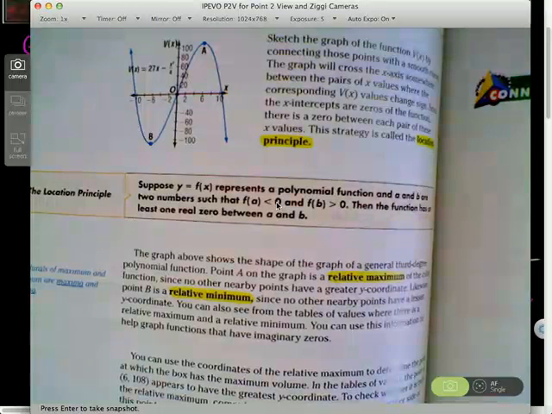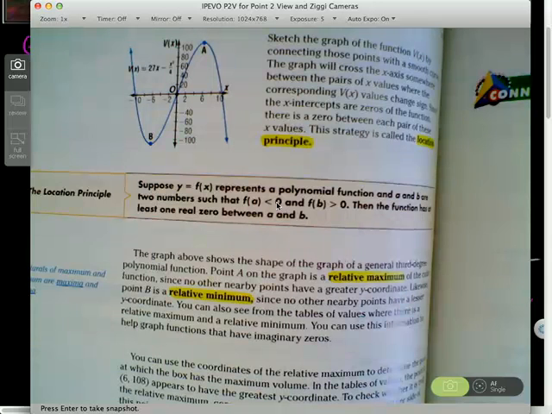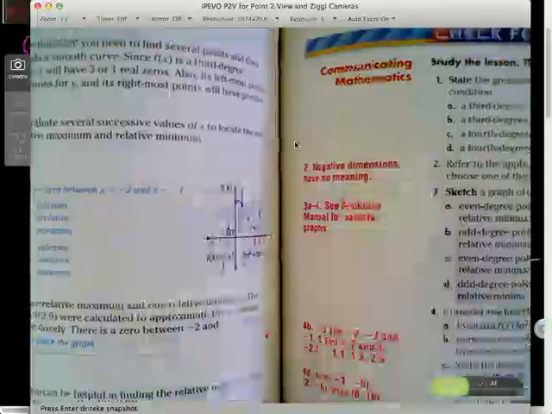Volume is the product of distances or lengths, and lengths are positive by definition. Negative dimensions have no meaning. Some explanation to that effect would be fine.